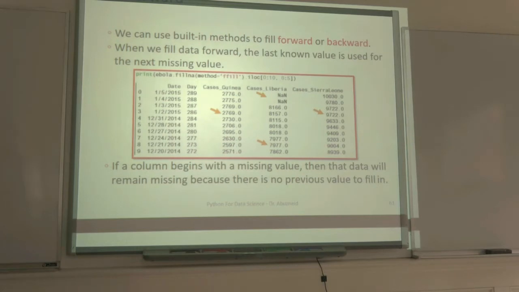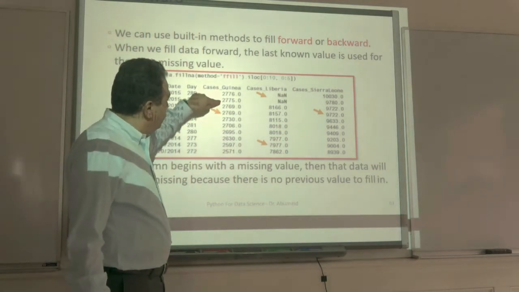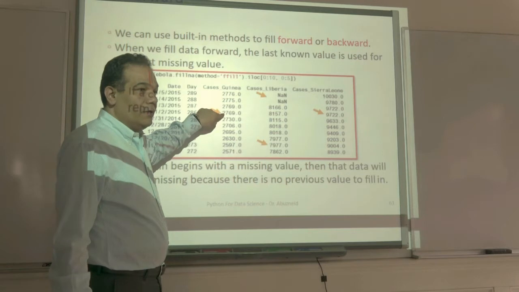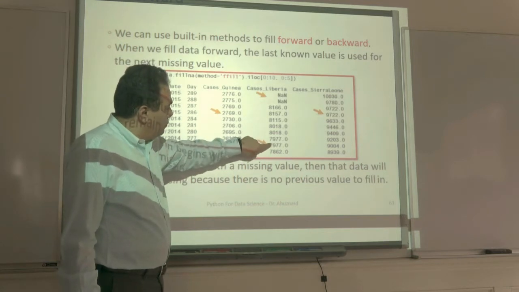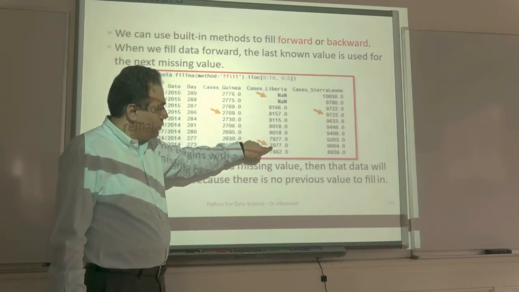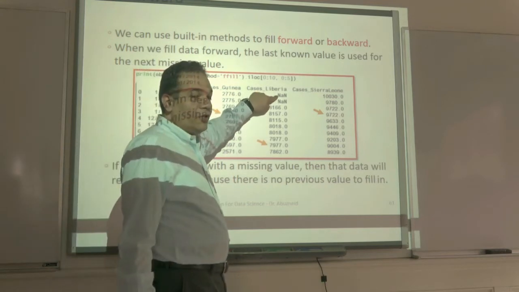Fill forward. What is fill forward? So this was missing. Fill it with the one before it. This was missing. Fill it with the one before it. And here, is there anything before it?